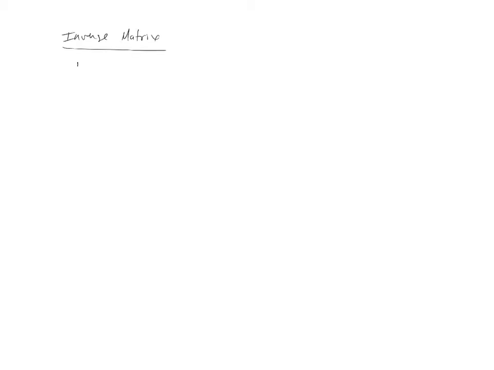So now that we've discussed the identity matrix, we're ready to move on to what an actual inverse matrix is. To define this, we'll have to start by letting A be an n by n matrix. So matrix A is itself a square matrix. The inverse of A, and we denote that by A with an upper minus 1. If we talk functions, for a function f, the inverse would have the upper minus 1 on it.